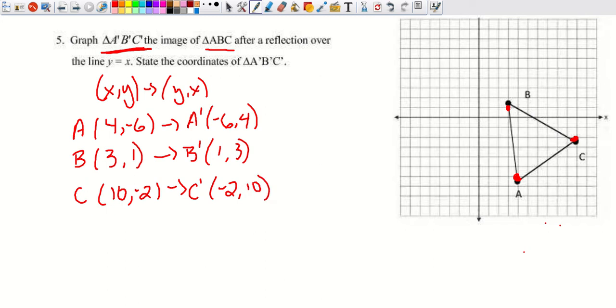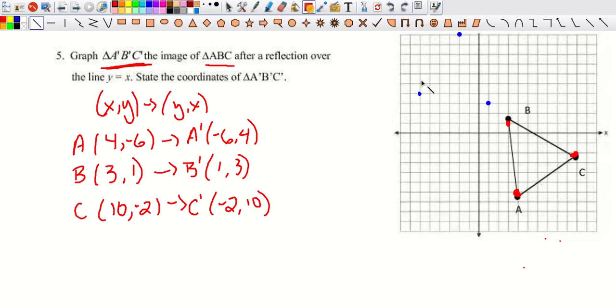All right. And so now I'm going to go graph 1, 2, 3, 4, 5, 6. 1, 2, 3, 4. So there's the first point. 1, 3 is the second one. All right. And the last one is negative 2 and up to 10. And we're going to get this guy right here. And let's go same color.